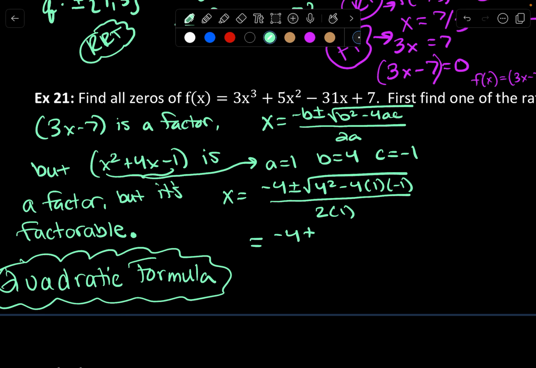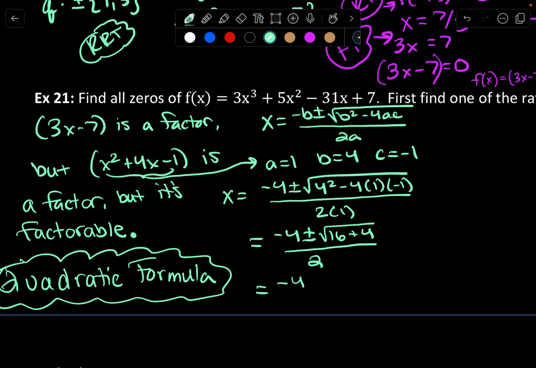We have 16, looks like this will be plus 4. So this right here shows me that we will not have complex solutions. It's just irrational. So when you graph it in the calculator, you'll see 3 x-intercepts, but 2 of them you will not be able to turn into a fraction because it's not a ratio of 2 integers.